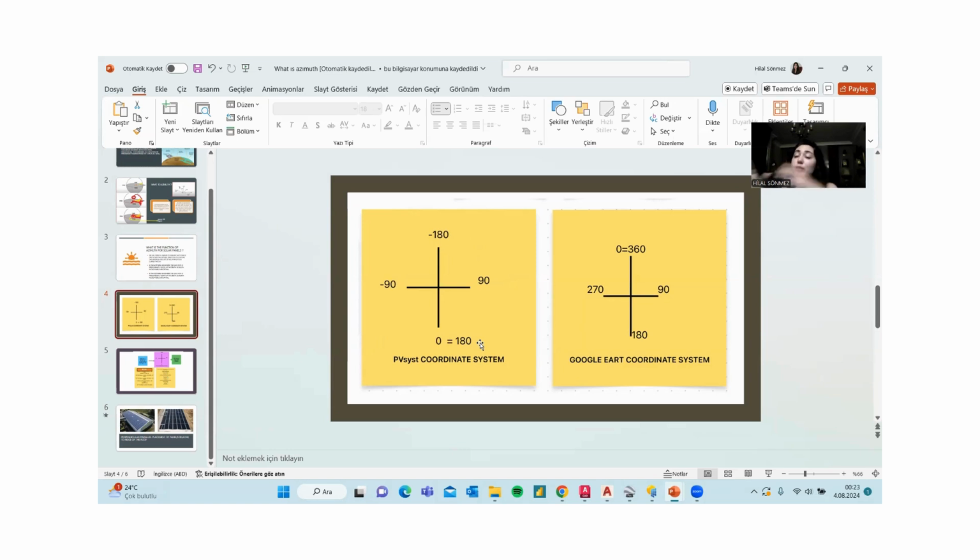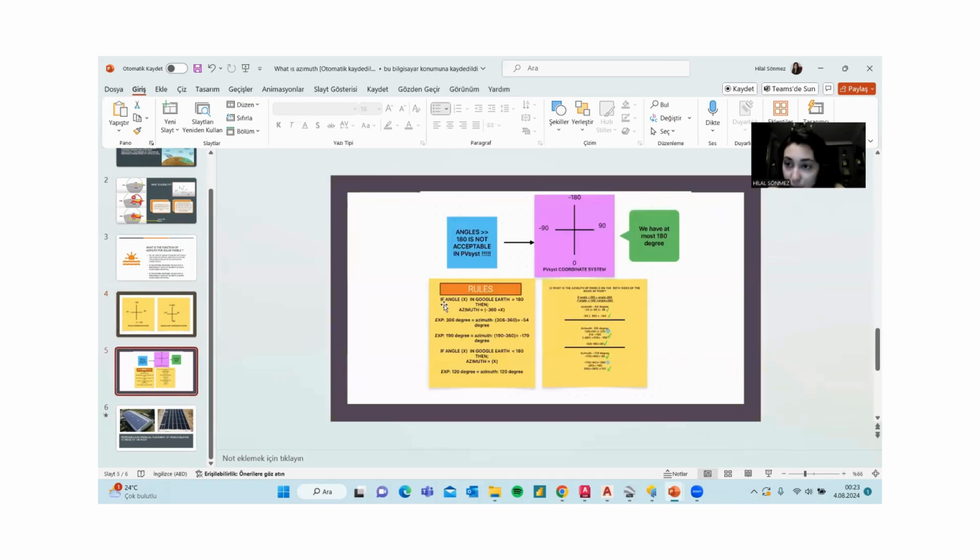What we will do is some angle conversion so that the angles will be adjustable for Pvsyst. The angle that we found previously, the 360-degree angle in Google Earth, is the azimuth of the roof, the azimuth of the building.